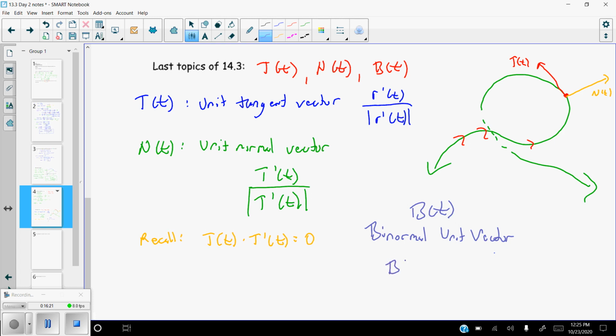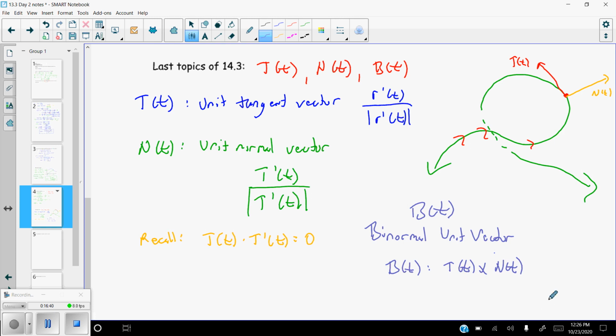And because it is binormal, normal to both vectors, it's going to be done by finding the cross product of T of t and N of t. And that's the binormal unit vector.